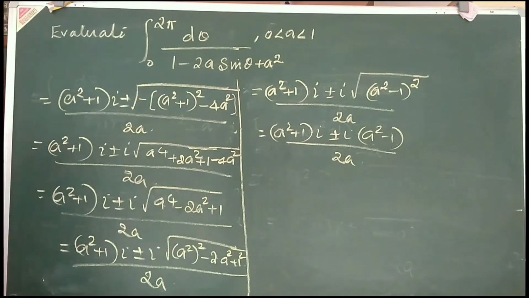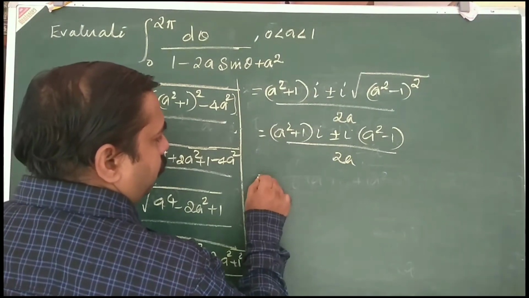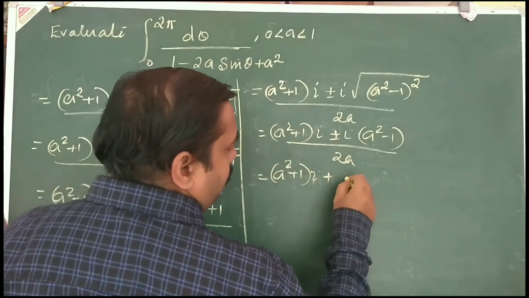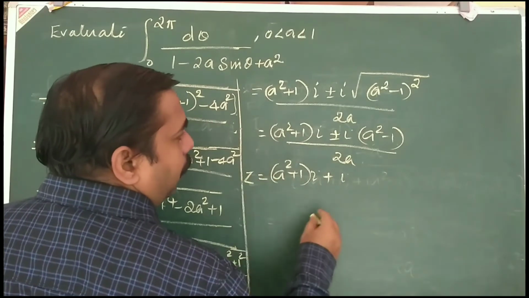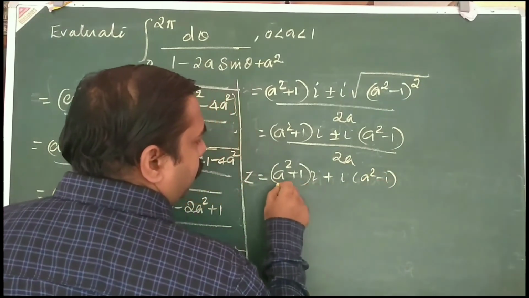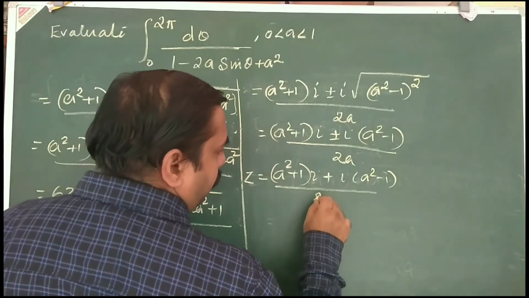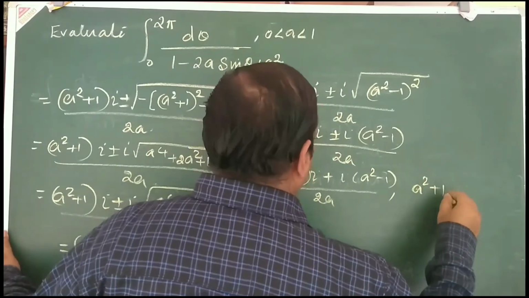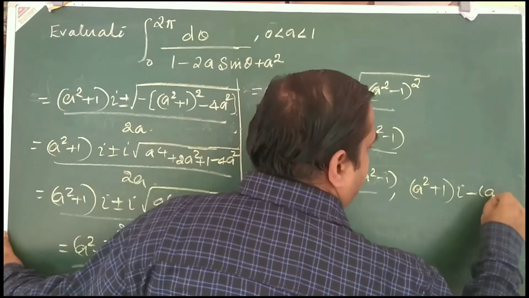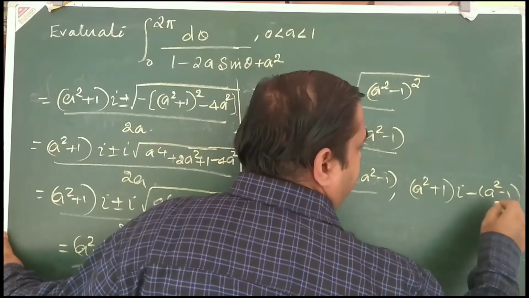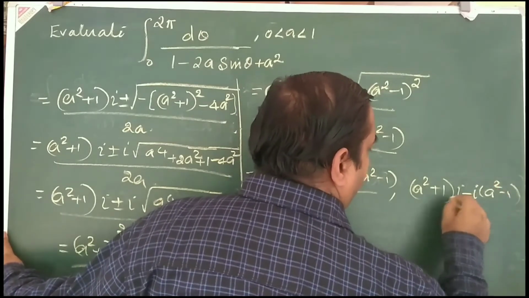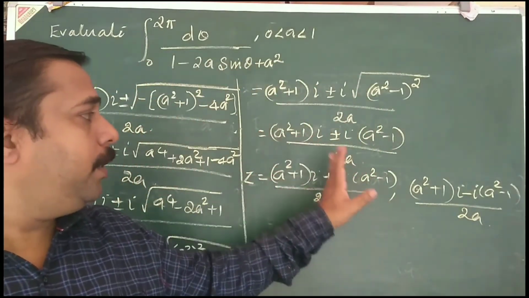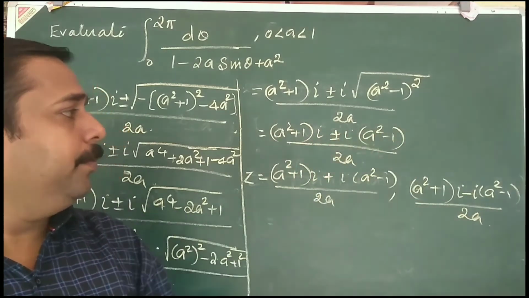So that is equal to ((a² + 1)i + (a² − 1)i) divided by 2a, comma, ((a² + 1)i − (a² − 1)i) divided by 2a. So plus or minus can be split into two terms, that is (a² + 1)i + (a² − 1)i.